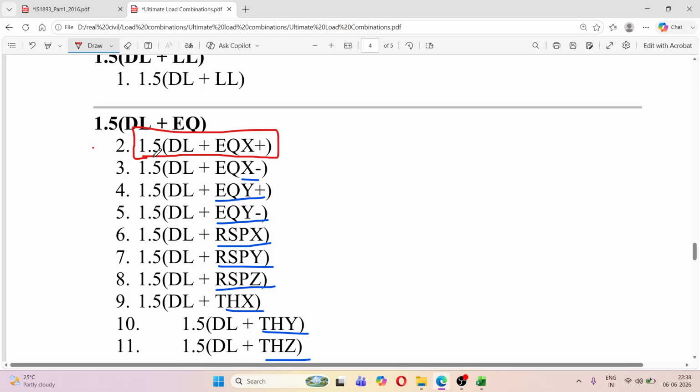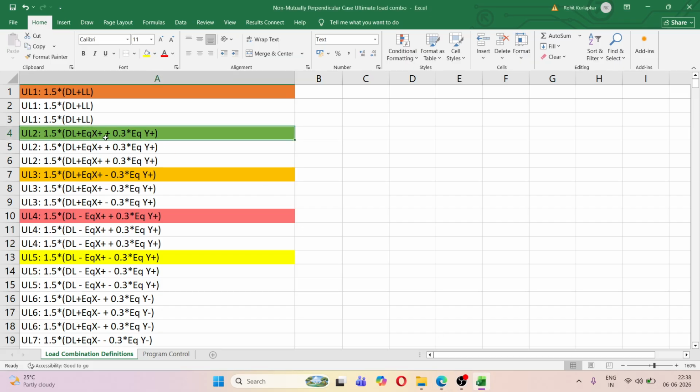Now, if our lateral load resisting elements are not oriented mutually perpendicular, meaning they are making some angle, then instead of earthquake x positive, you have to consider earthquake x positive plus 0.3 earthquake y positive, which means 30% from the other direction.